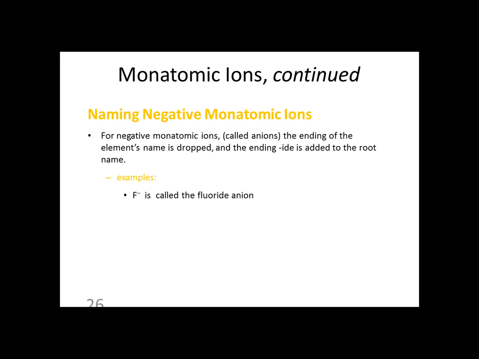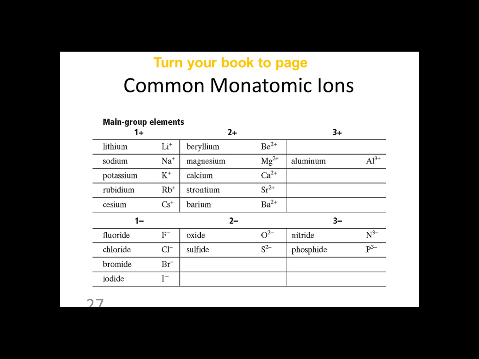Drop the "ine" ending, add "ide," and that's the fluoride ion. Or, if you want to be more specific, a negative ion is called an anion. Now, positive is called a cation, by the way. All right, nitrogen forms an ion with a -3 charge. It's called the nitride ion.